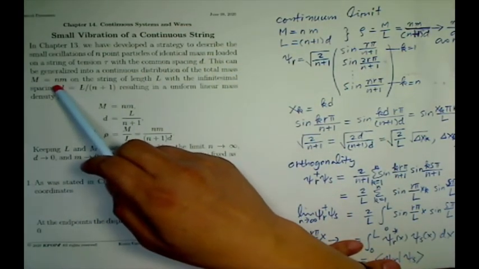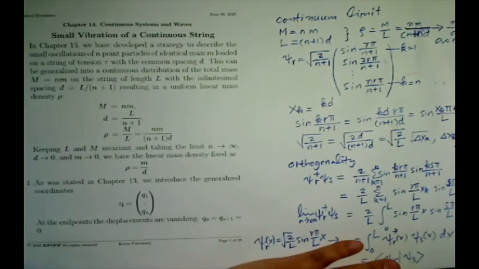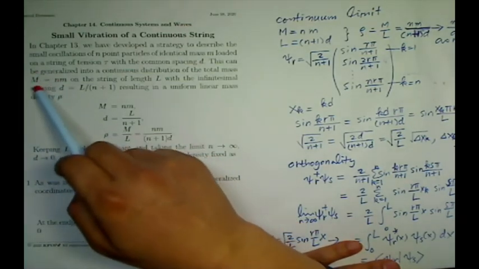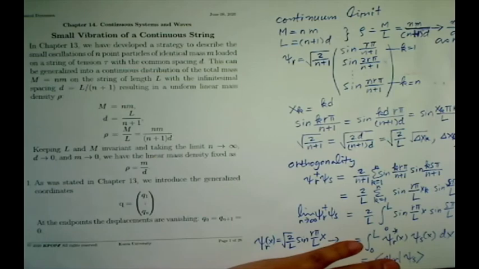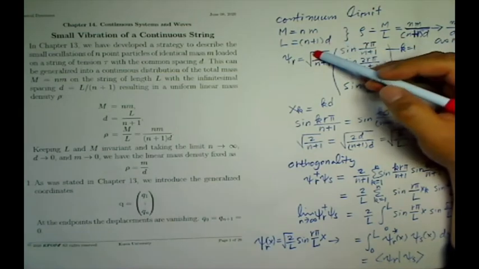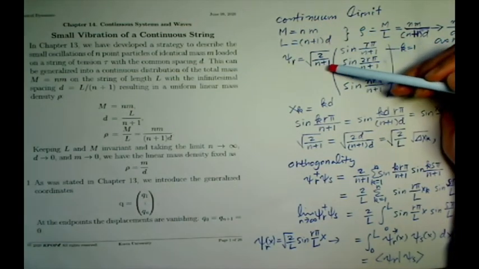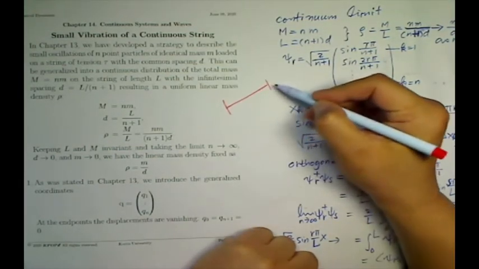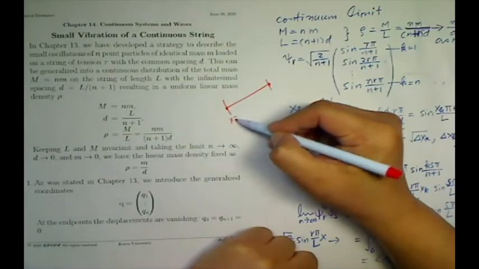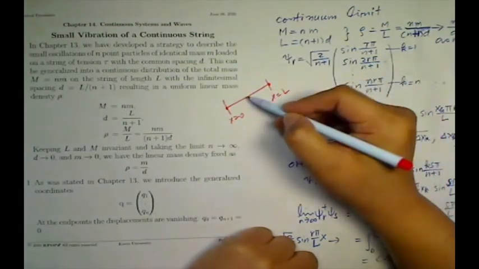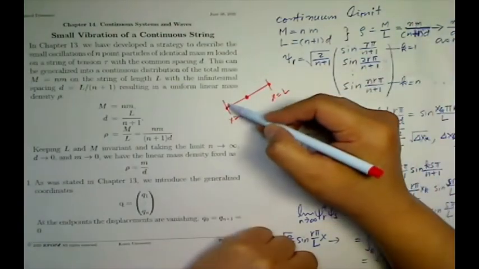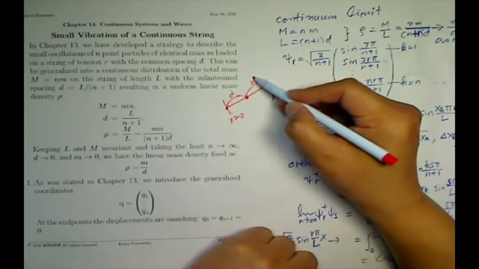Thus, the number of beads is n, so that the total mass of the loaded string is considered to be capital M. If we distribute n beads with equal spacing between the 2 points on the wall, x equals 0 and x equals L, if I put a single bead, we have 2d.